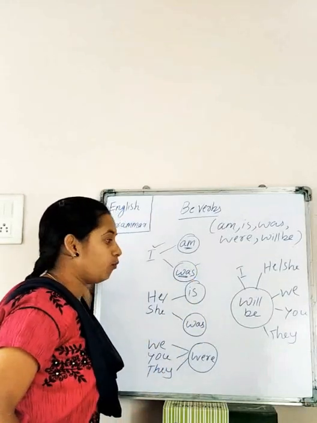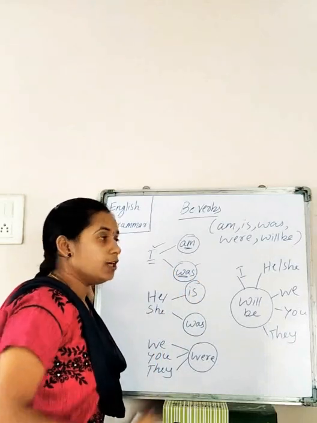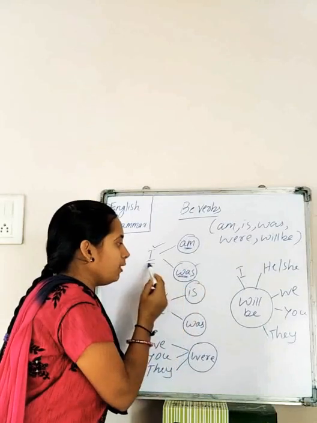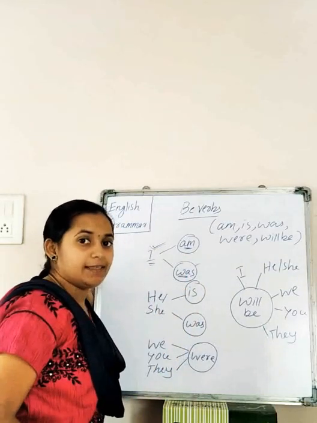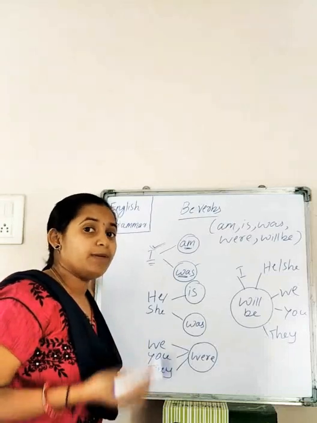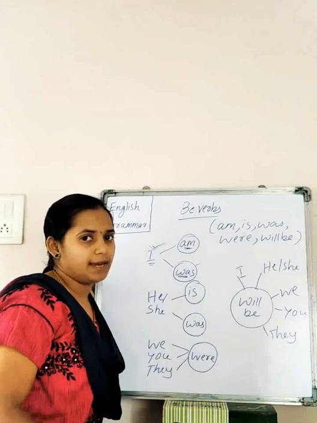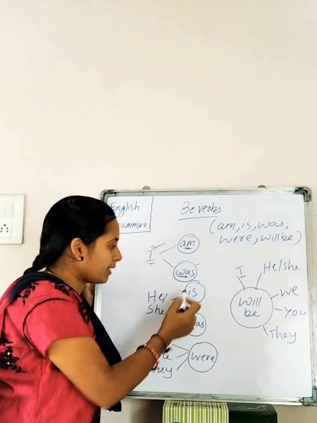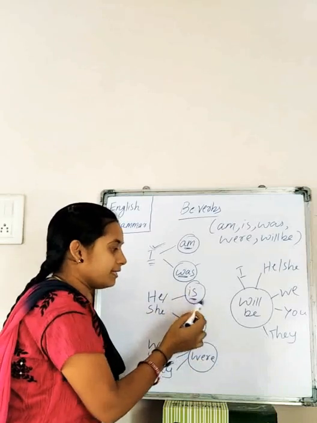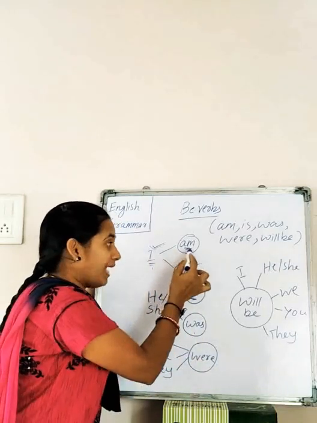As I said, we can use was with I also. So both the be forms am and was can be used with I in a sentence. Clear? Moving to the next word, is. When we are using I, we only use am.